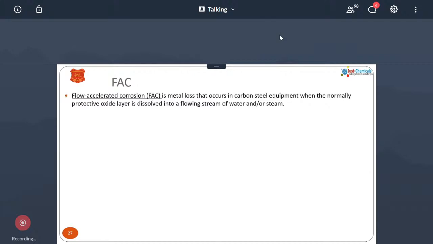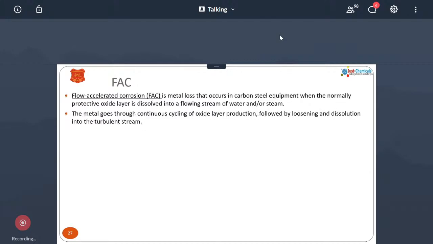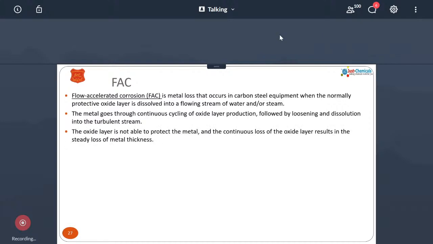Flow accelerated corrosion is actually a metal loss that occurs in carbon steel equipment, and this occurs at low temperature, especially in pre-boiler systems, or in the systems where temperatures are low, like drains and all.